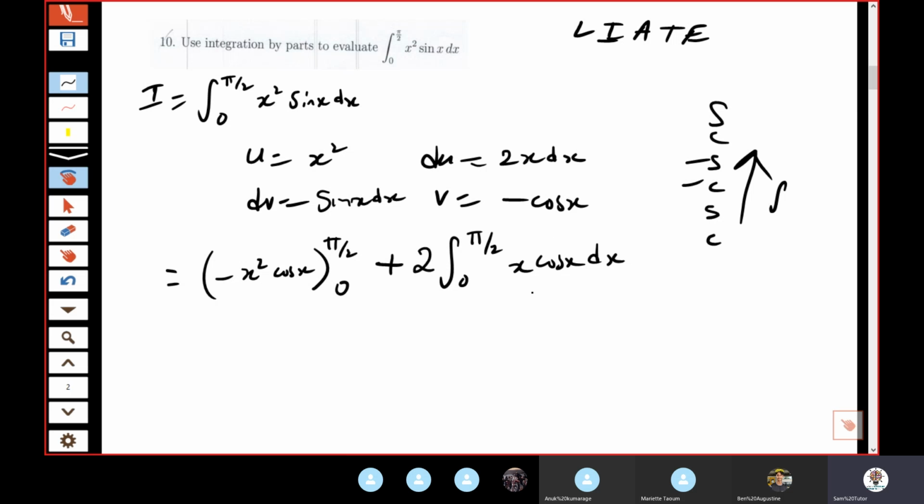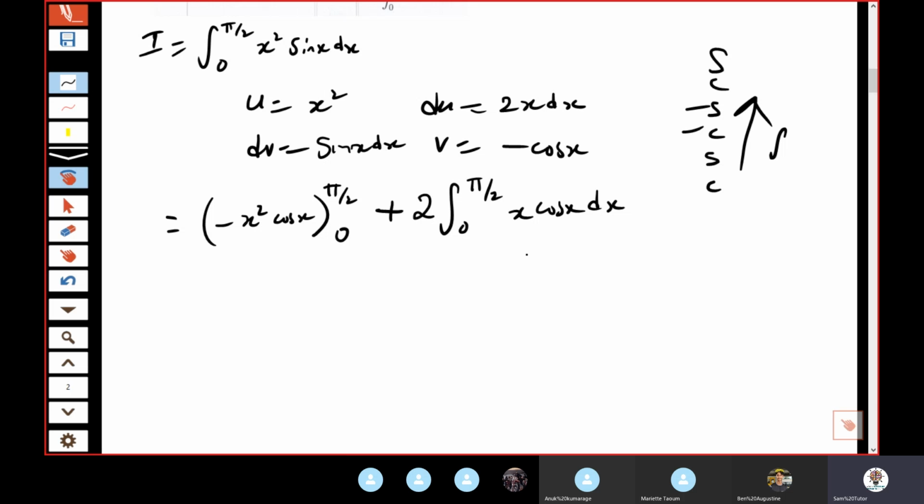That's annoying. So I would go, oh yeah, I probably have to do this again, right? So maybe put this bit into your calculator. Cos 90, again, should give us 0. And then when you put in 0 for cos 0, that gives you 1. But then this is going to be 0. 0 times 1 is still 0, so this bit's just going to end up becoming 0.